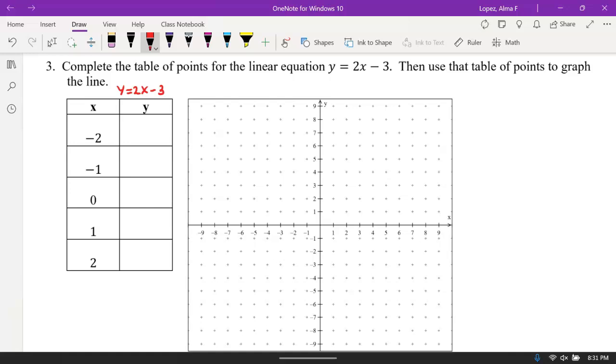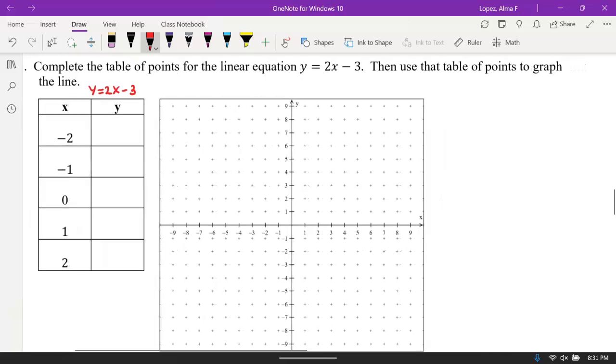And I'm going to do it over here on the side. So I'll scoot that over a little bit. Let's start with the x of -2. If I plug that into my equation that's given, it would say y equals 2 times, and again, the values that we're plugging in are x's.